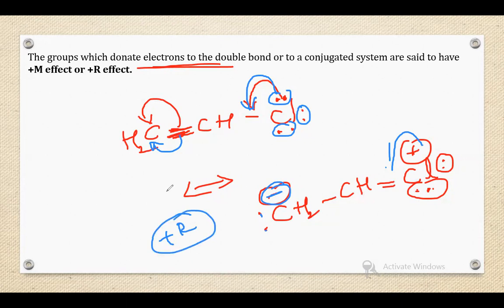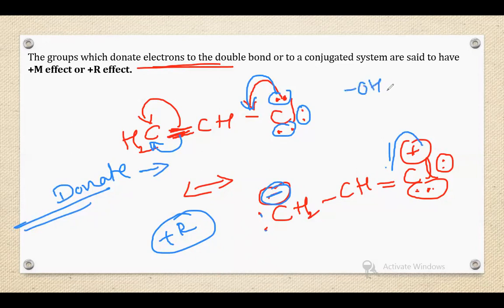So the substituent has a tendency to donate a pair of electron or electron to the double bond. It should donate electron to the double bond or the conjugated system. When the conjugated system or double bond receives the donation, the effect is called positive resonance effect. Which groups can show positive, meaning electron donating groups, which can donate electron to the double bond and act as a positive resonance effect?